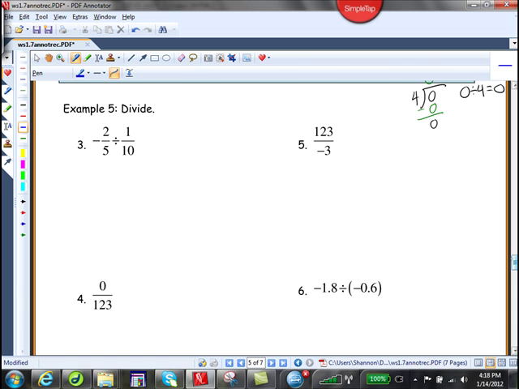So here we go. Example 5, we are dividing. So this here is equal to -2/5 times 10 over 1, which will give us -20 over 5, which is -4. 0 divided by 123 is 0.